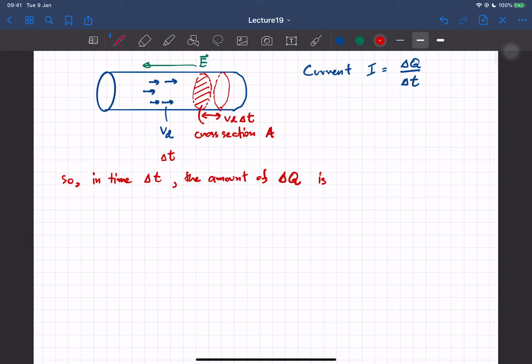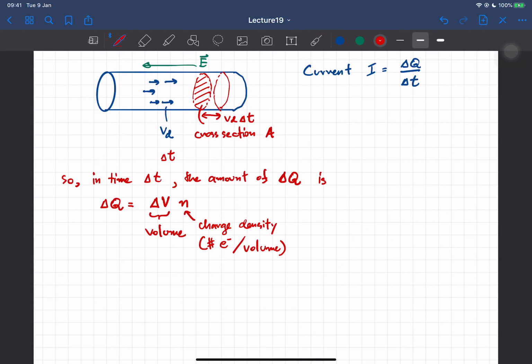It is given by delta Q equal to the volume, so this is big V, not potential, this is volume, times N, which is the charge density, essentially the number of electrons per volume.